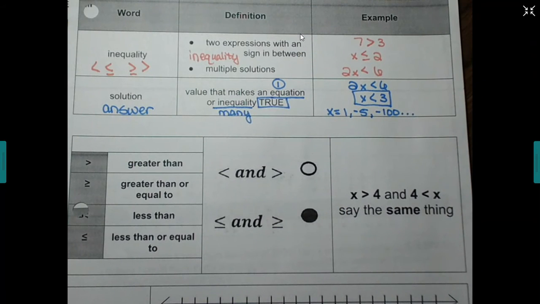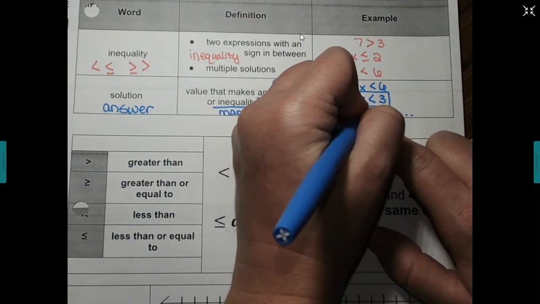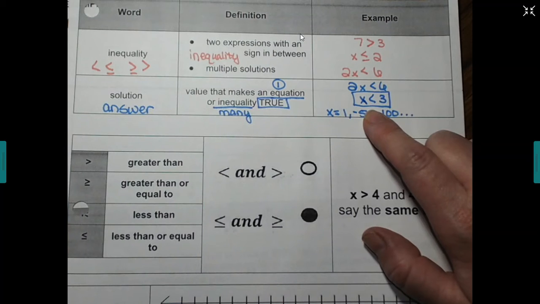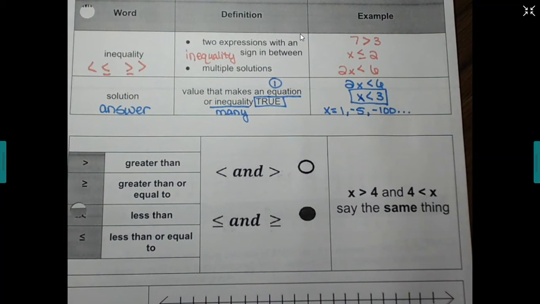There is no way we could sit down and write out all of the things that x could equal. That's why we write it this way: x is less than 3. It's just saying x is anything less than 3.